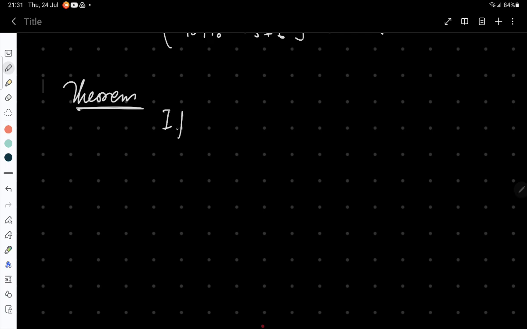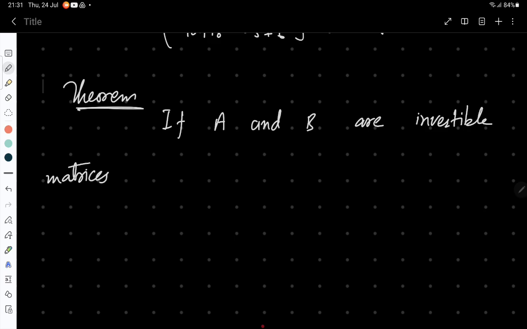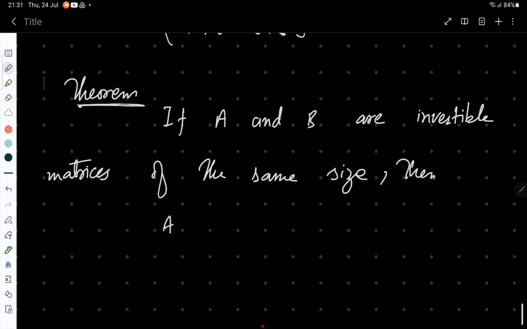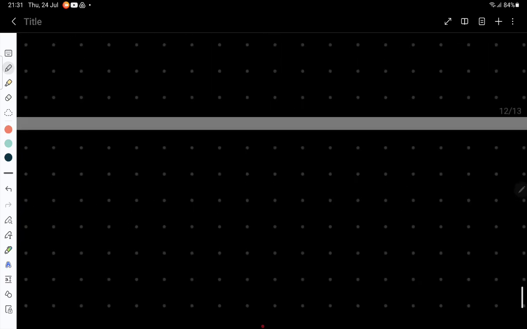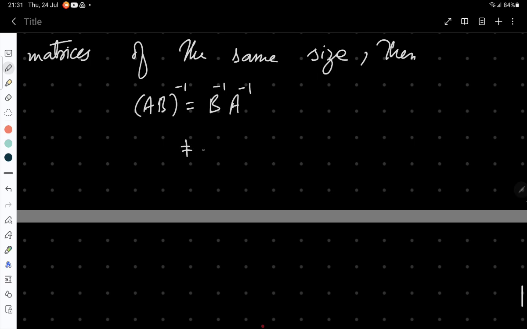If A and B are invertible matrices of the same size, then AB whole inverse is equal to B inverse A inverse, and you can see that this is not equal to A inverse B inverse.